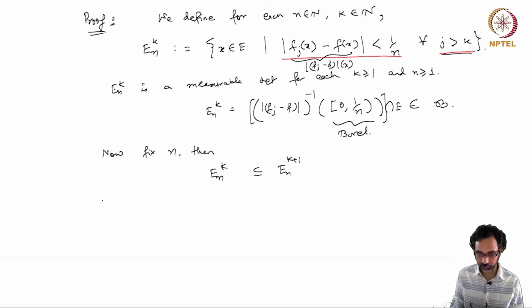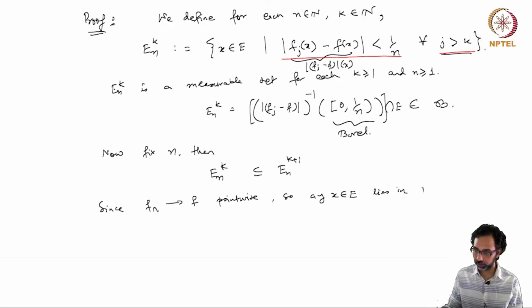On the other hand, since f_n converges to f pointwise, any x in E lies in E_{n,k} for some k.